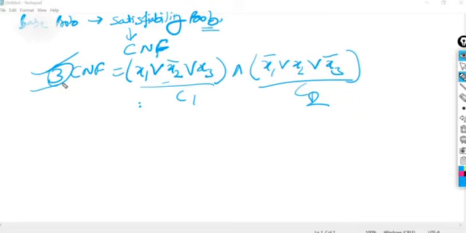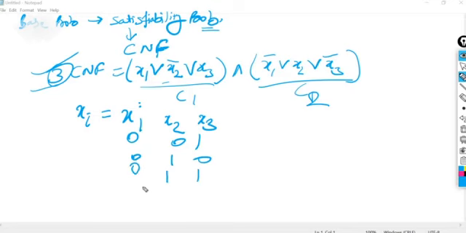If we want to find how many total possibilities there are in order to find whether this statement gives the true answer, x1, x2, x3, three variables are there. So how many possibilities are there? 0 0 0, 0 0 1, 0 1 0, 0 1 1, and so on. We know all the possibilities. For three variables, how many solutions can we have? 8 solutions, that means 2 raised to power 3.